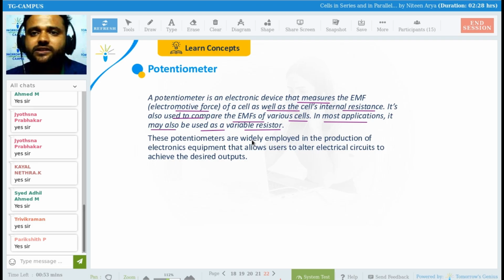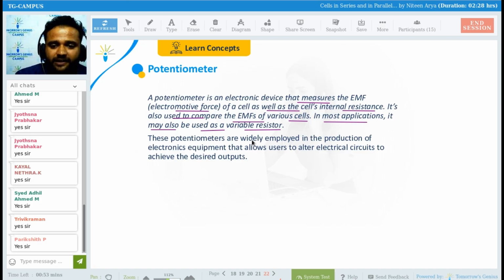So this is a device which is going to give you the EMF of a cell with the internal resistance, or you can say a variable resistor also. In many applications we need variable resistors, so there also we can use this potentiometer.